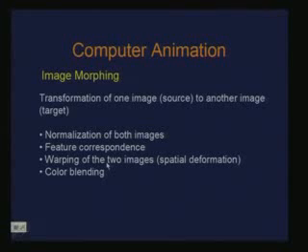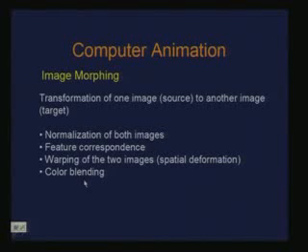So there is a spatial transformation or deformation which is happening for the feature, right? So then you basically do this deformation for the intermediate frames as well, okay, through interpolation for instance, and then do a color blending.